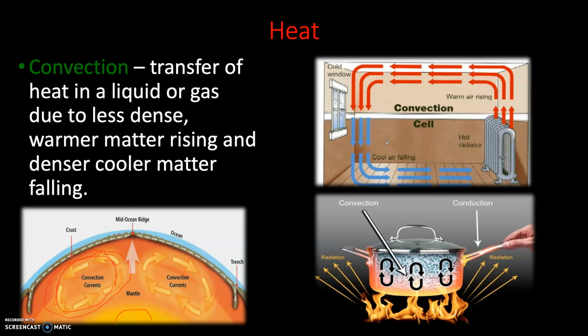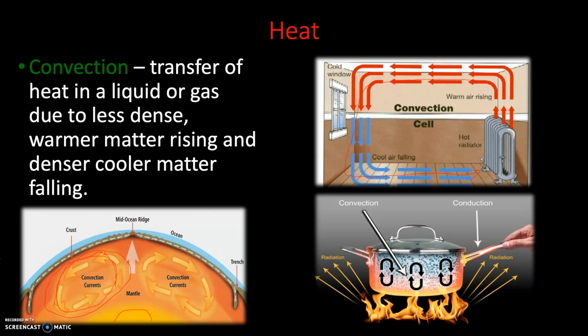The heaters within your homes, warm air rises, and as it cools, it falls back down to the ground. And then it will be warmed up again by the heater, and you can get a convection current forming in your house or in your room. If you've ever been in a two-story home, you might have noticed that the second story is warmer than the first story.